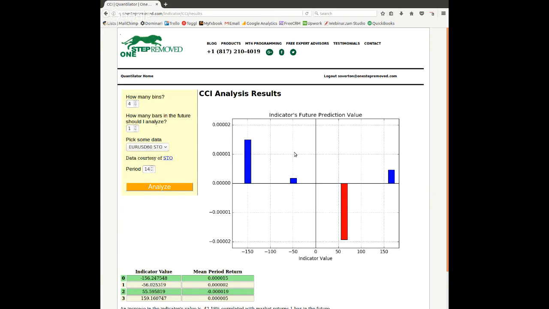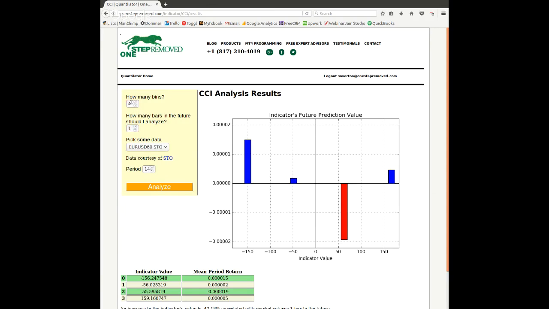Okay, so this is the percentage return, 1 bar, which is this value here, in the future on the Euro-US dollar 60-minute chart, and we have 4 bins. The bins is just the number of bars that you see on this image here. 1, 2, 3, 4.